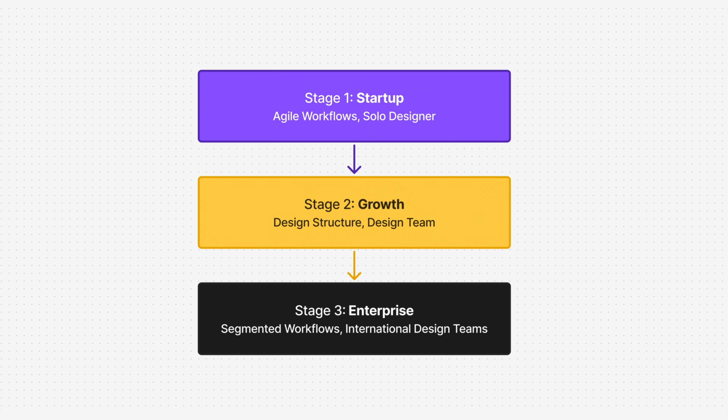Because companies are going to evolve, and what makes sense at one stage is not going to make sense at another one. So, for example, in the startup phase, which is stage one, you're very likely going to be the only designer in the team, and you're going to basically be prompted to work very agile and fast.